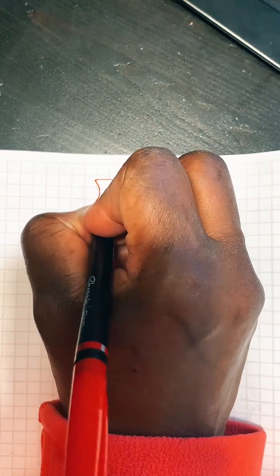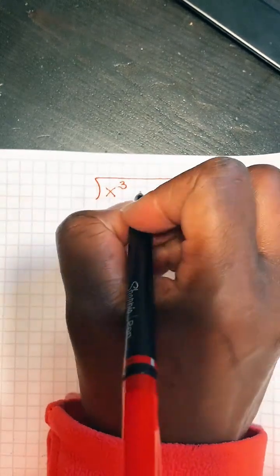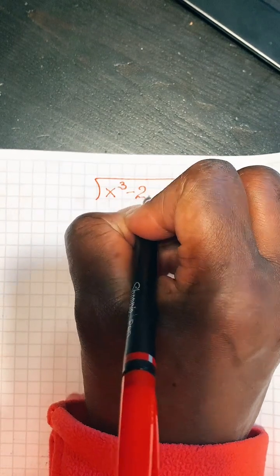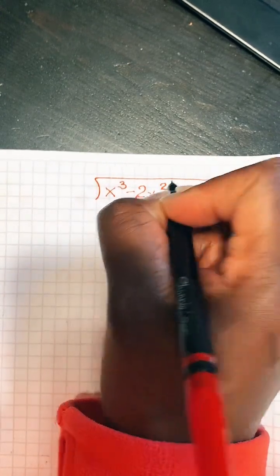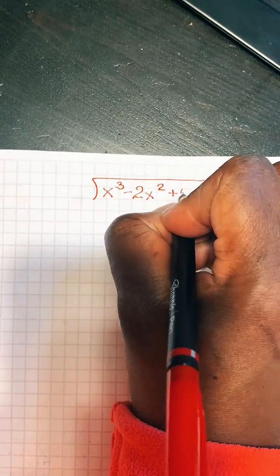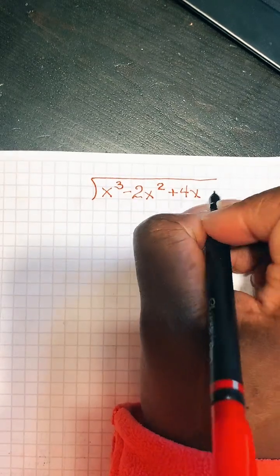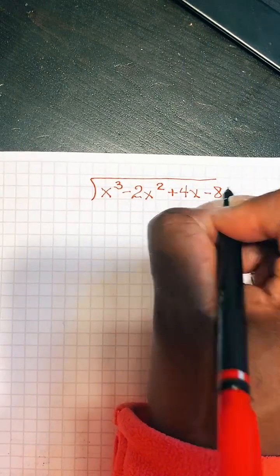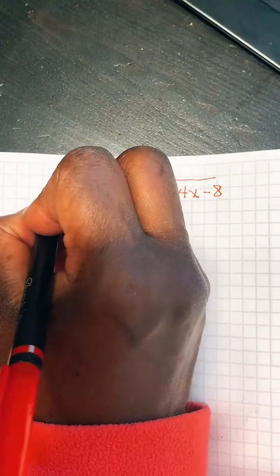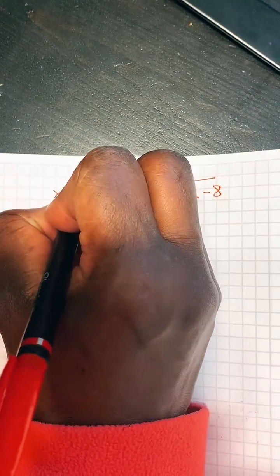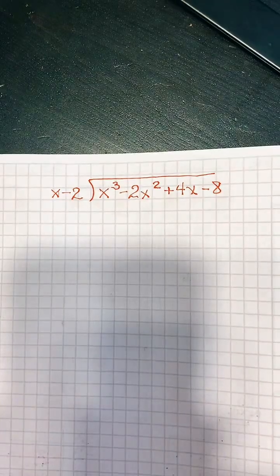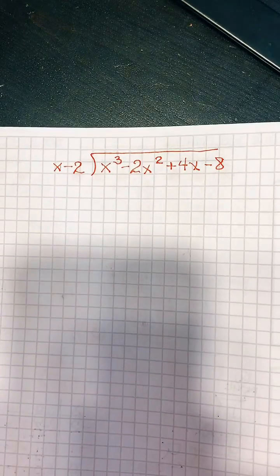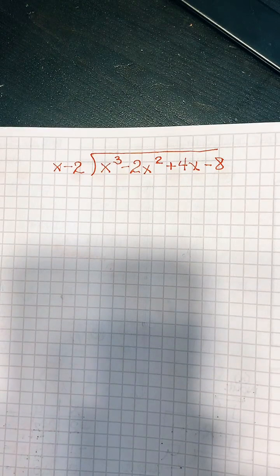So we have x cubed minus 2x squared plus 4x minus 8. And that's going to be divided by x minus 2. Okay, make sure it's all in the frame.